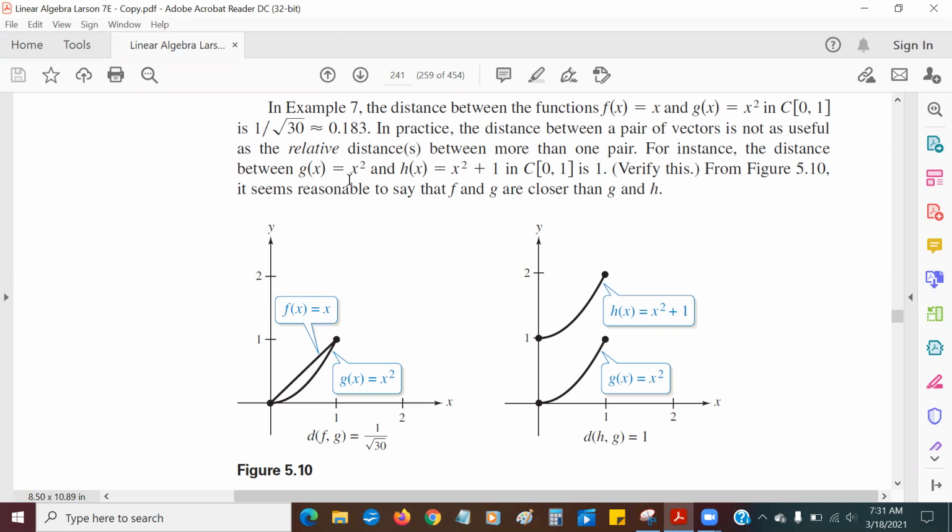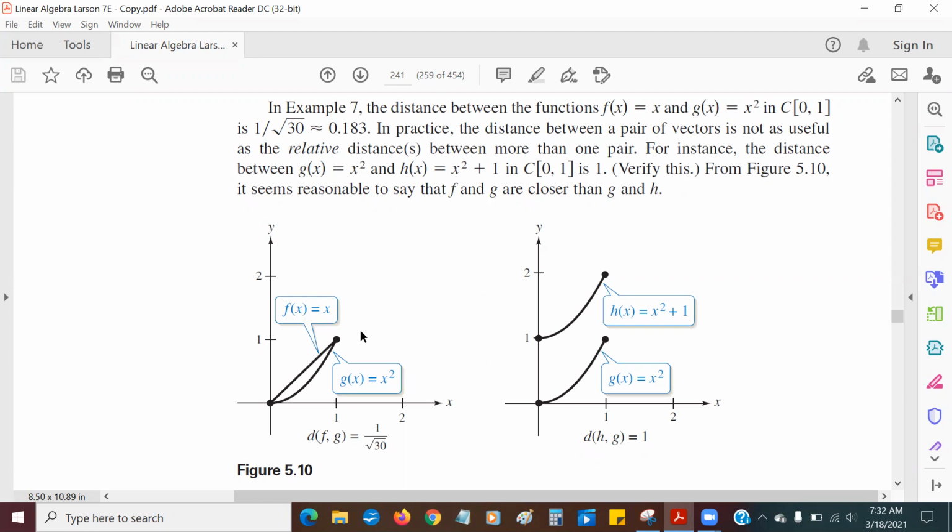What if I took the same g and compared it with h, which is x squared plus 1? If I did the whole computation, I would get this distance to equal 1, and it's not that hard to do, just the same steps.